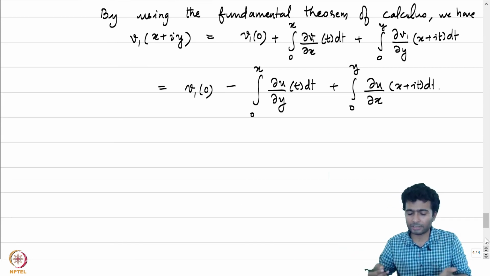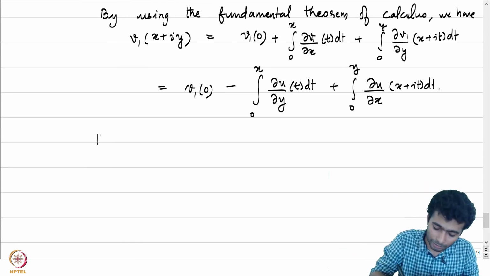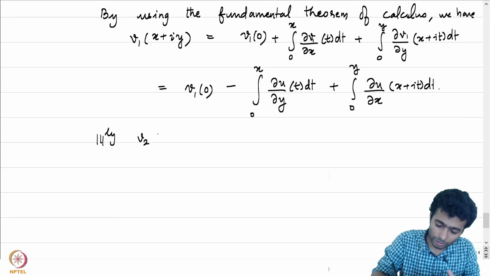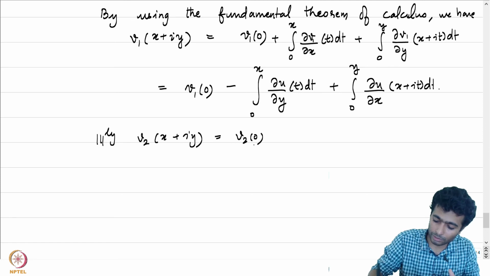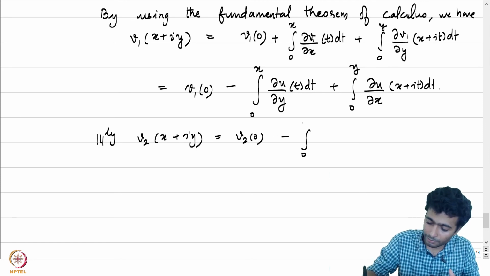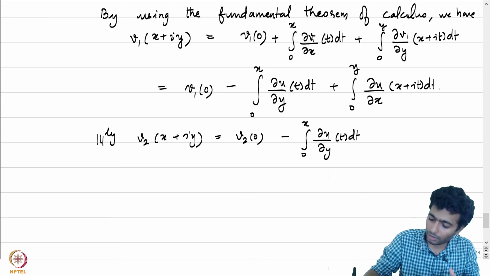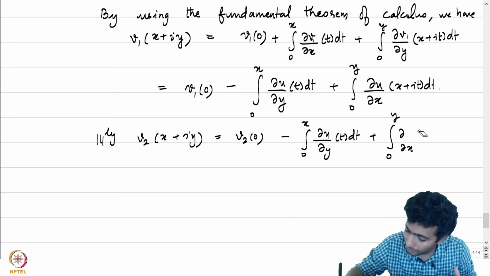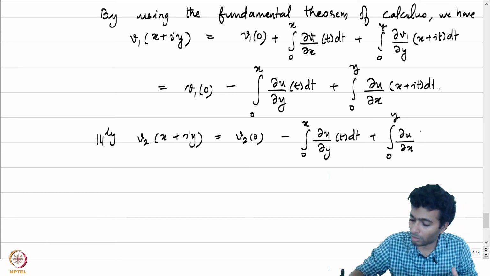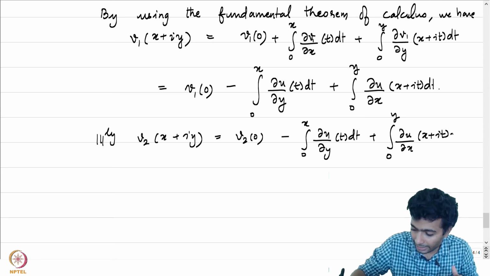We will have a very similar expression for v2. Similarly, v2 of x plus iy is going to be equal to v2 of 0 minus the integral from 0 to x dou u by dou y of t dt plus the integral from 0 to y of dou u by dou x of x plus it dt.